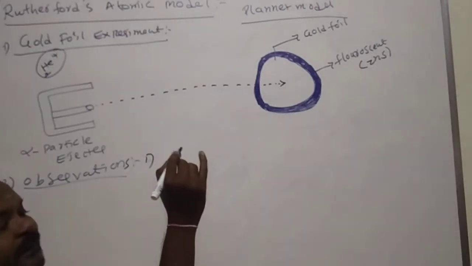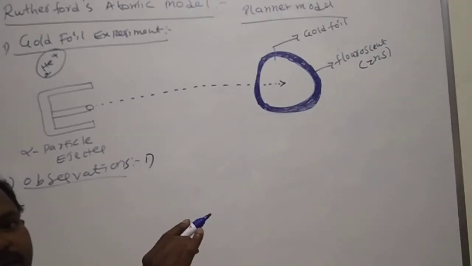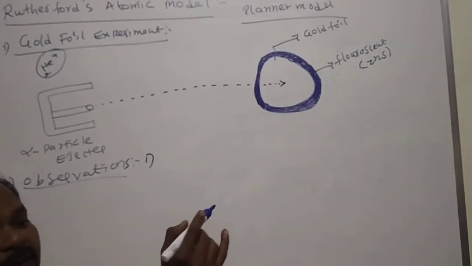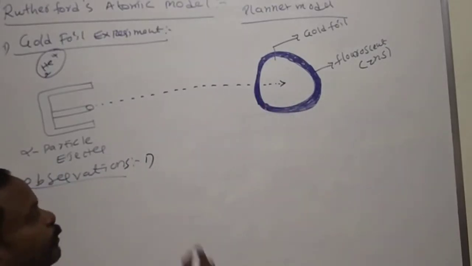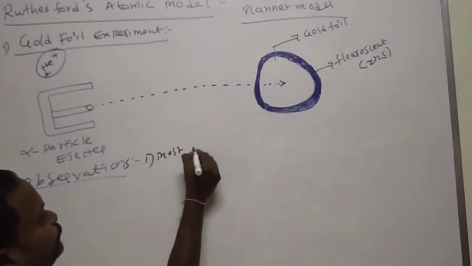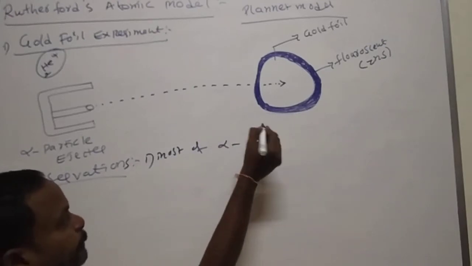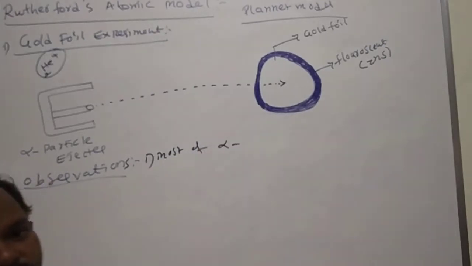Here most of the alpha particles remain present in the gold foil only. Those are neutral in charge.